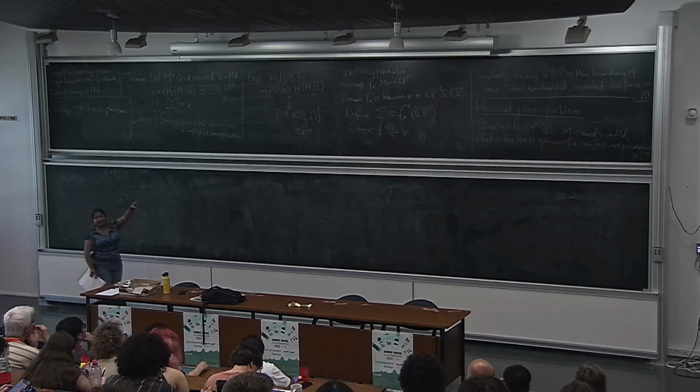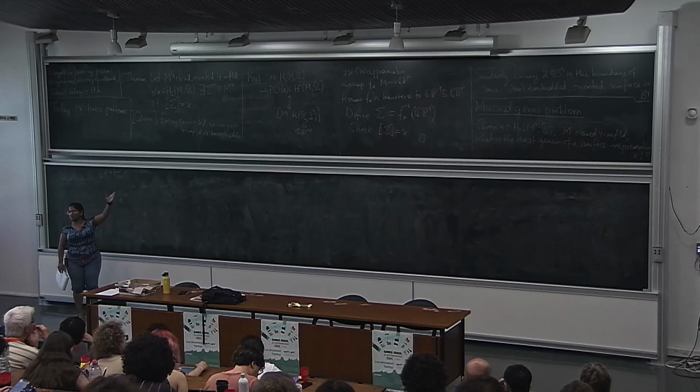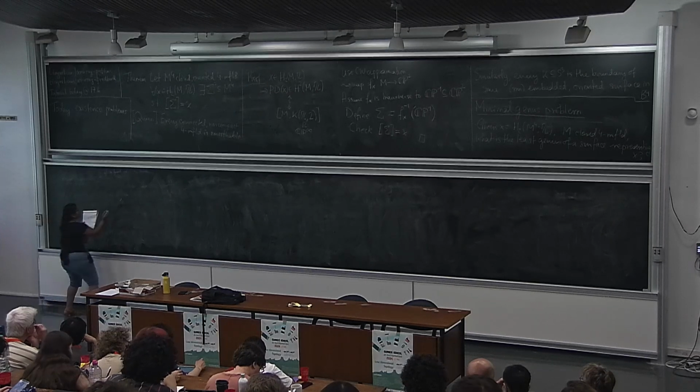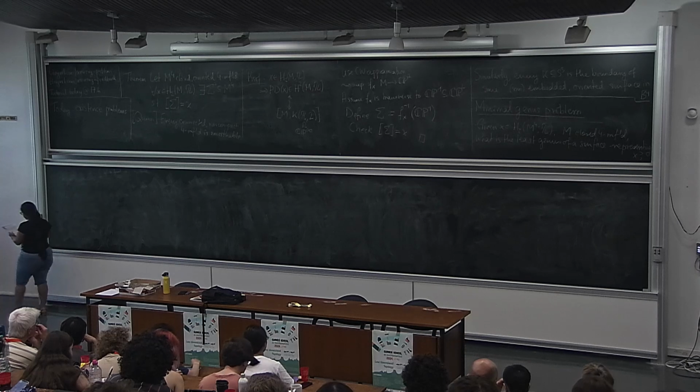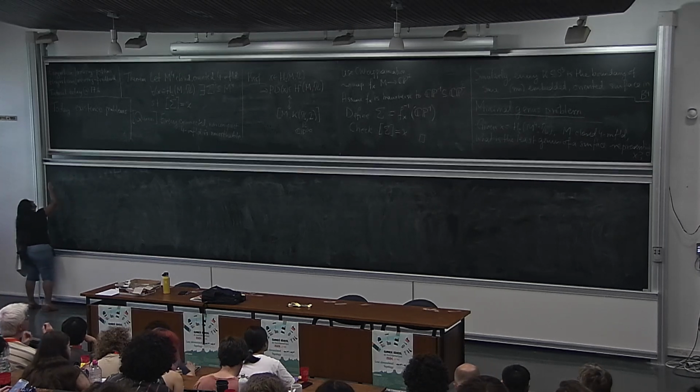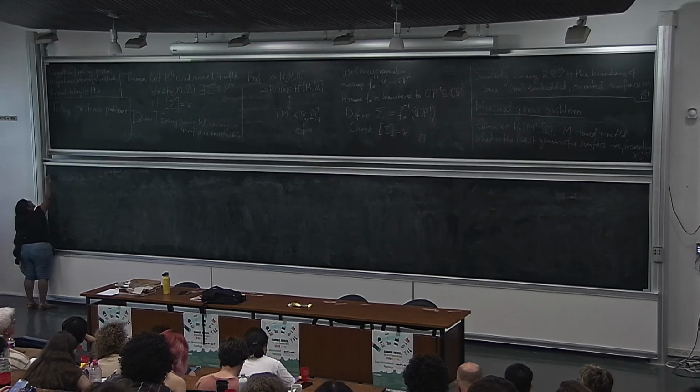Representing means that the class of sigma is equal to the original class, right? This is usually organized into something called the genus function. So to organize this, we have the genus function.